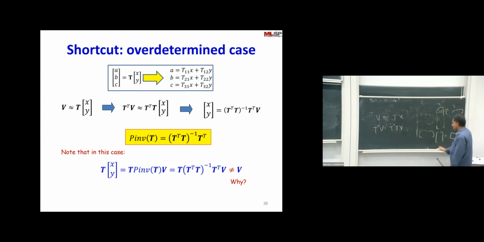And remember T is tall, so T transpose T is going to be a small square matrix. It's going to be invertible, correct? And so then I can just write this as x equals (T transpose T) inverse times T transpose V, right? Which tells me that this term here is my pseudo inverse.